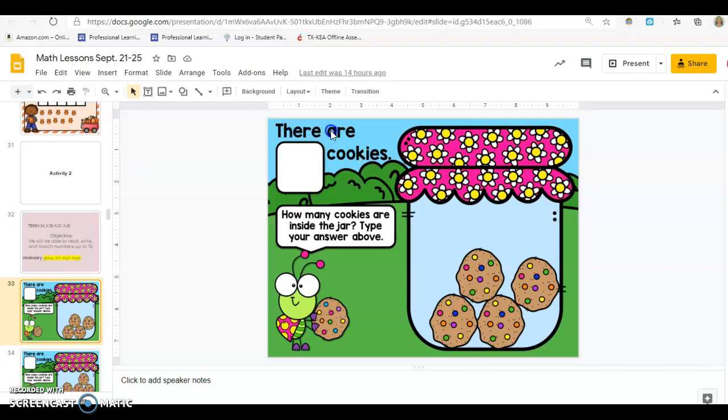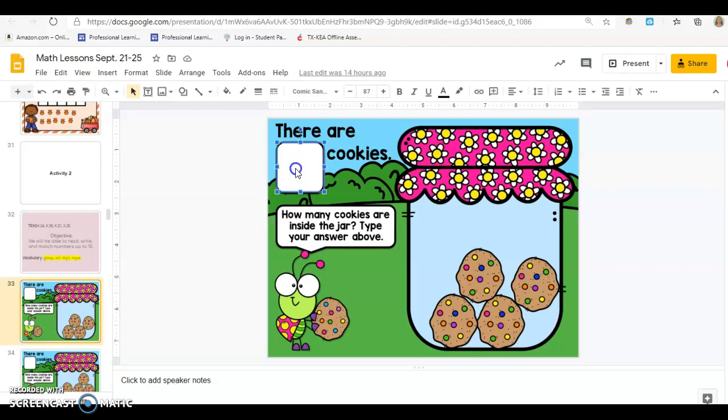It says there are blank cookies. How many cookies are inside the jar? Type your answer above. Here is where you're going to type your answer. So your first step is to look at the jar and see how many cookies are inside by counting them. 1, 2, 3, 4.